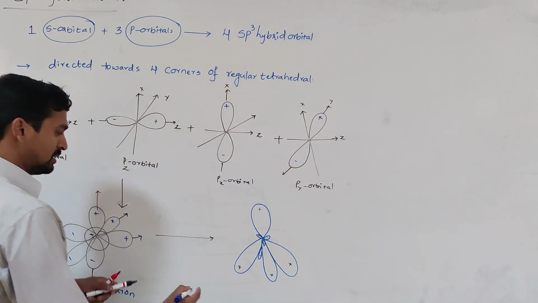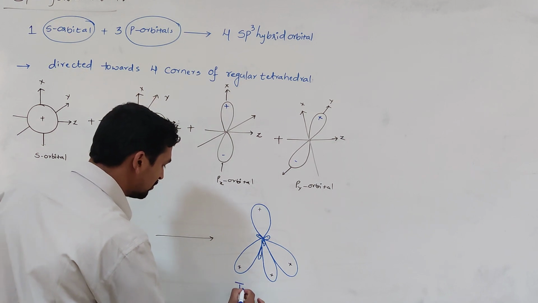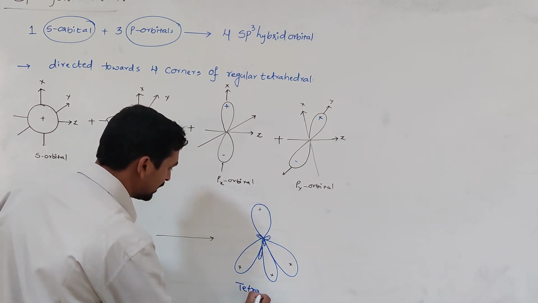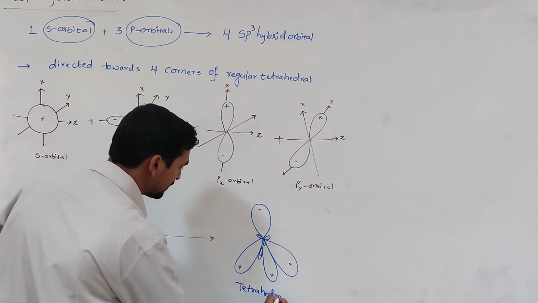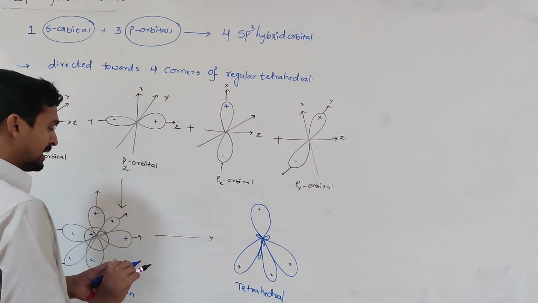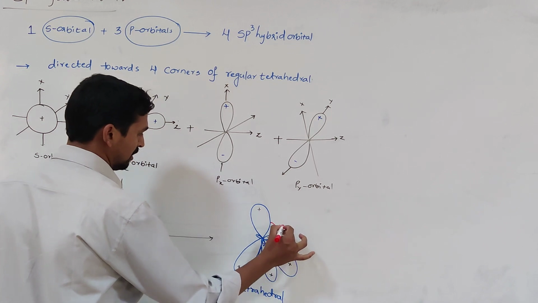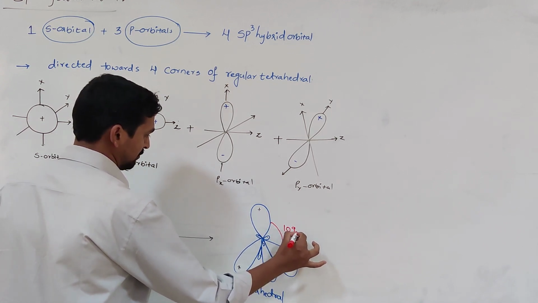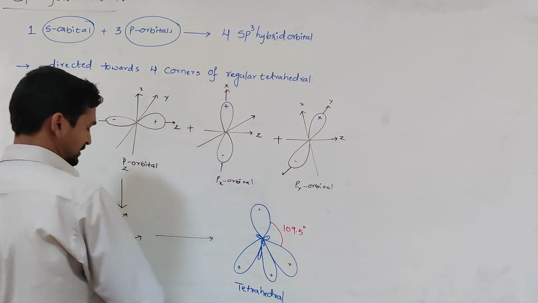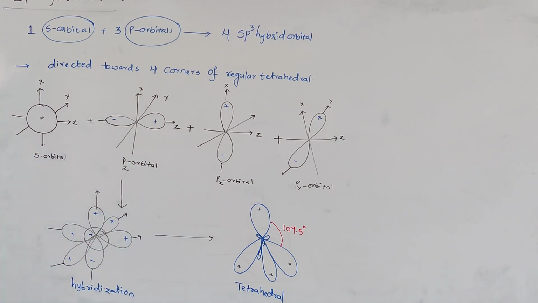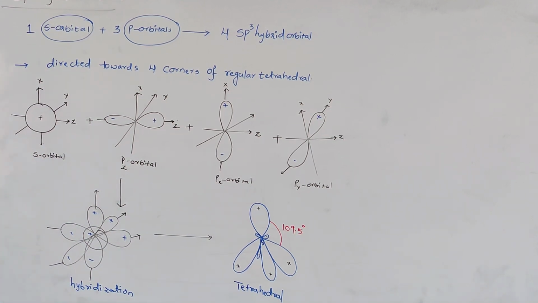Like that, they are oriented in tetrahedral geometry and make an angle, as you know very well in the tetrahedral, 109.5 degrees. This is called sp3 hybridization.